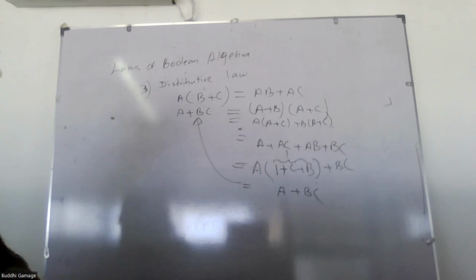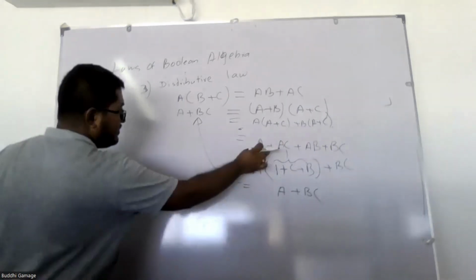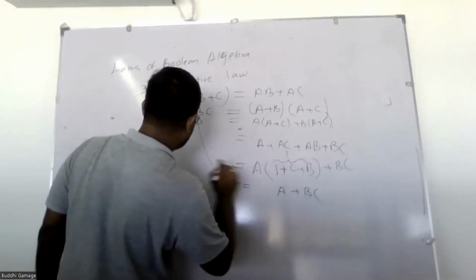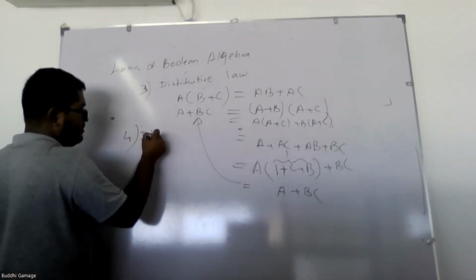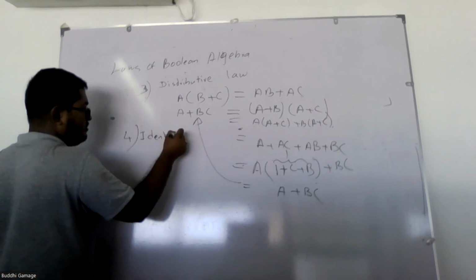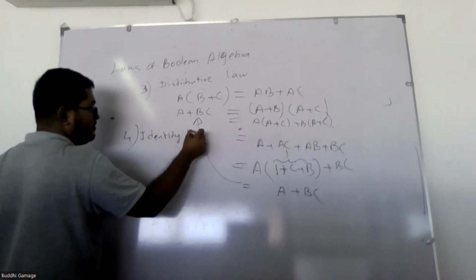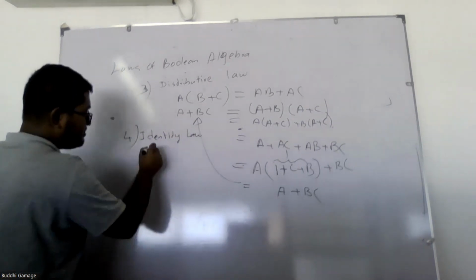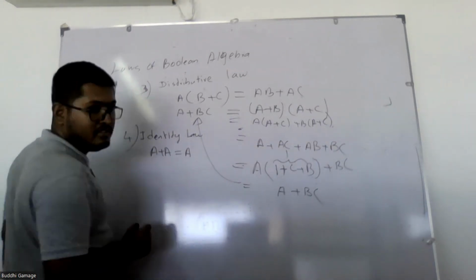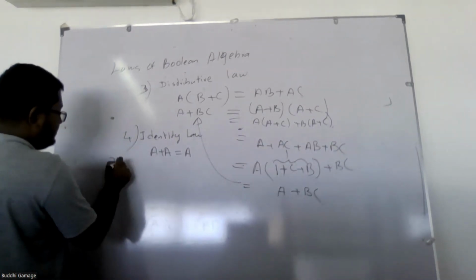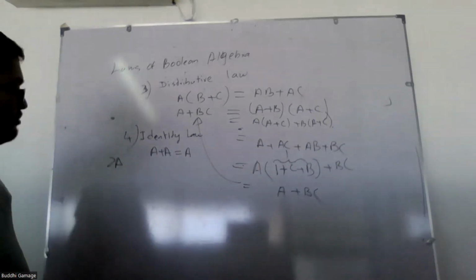Right. So in here we have used this law, the identity law, that is the fourth one. What that means is A plus A will be equal to A, not 2A. In mathematics, it is going to be 2A.